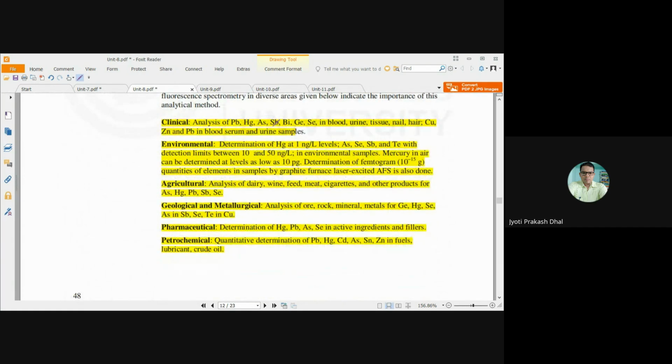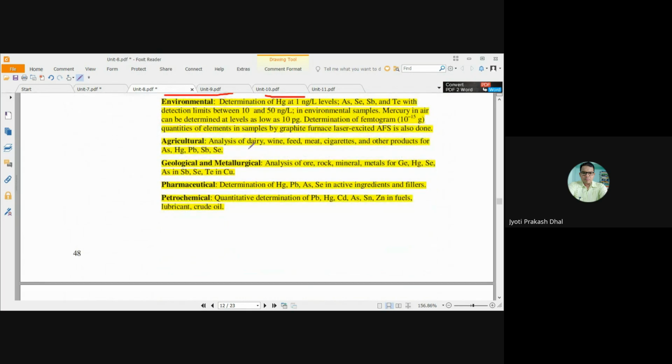Then the clinical use, that is analysis of lead, mercury, arsenic, antimony, bismuth, germanium, selenium in blood, urine, tissue, nail, hair, and copper, zinc, and lead in blood serum and urine samples.